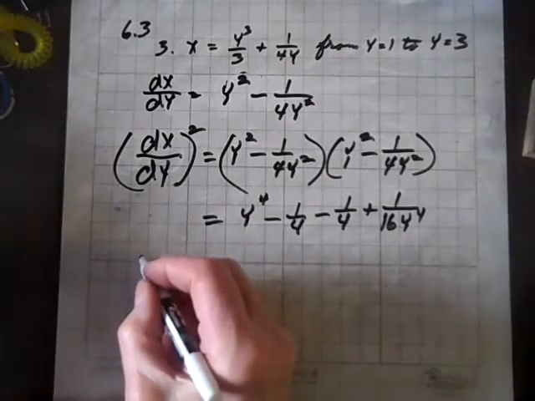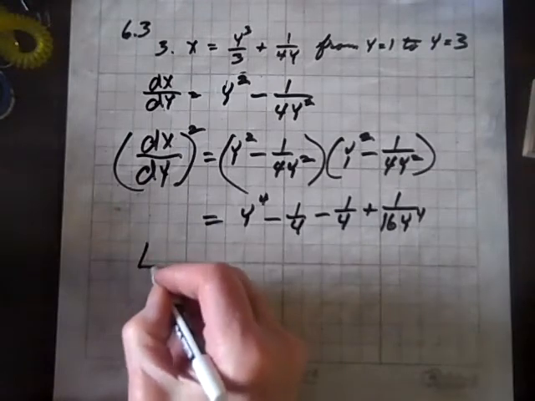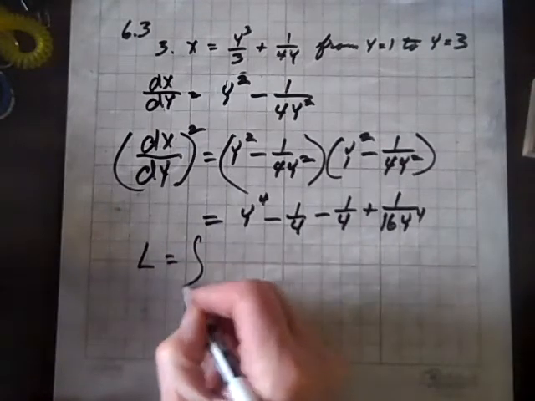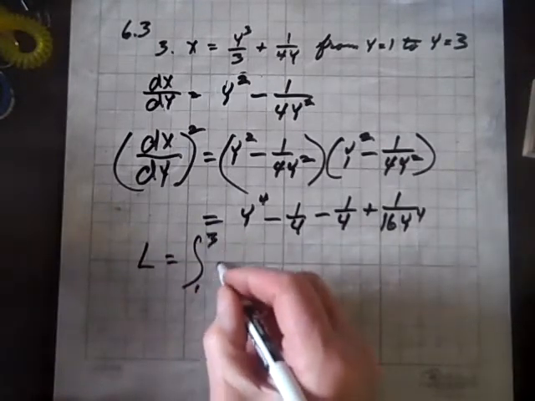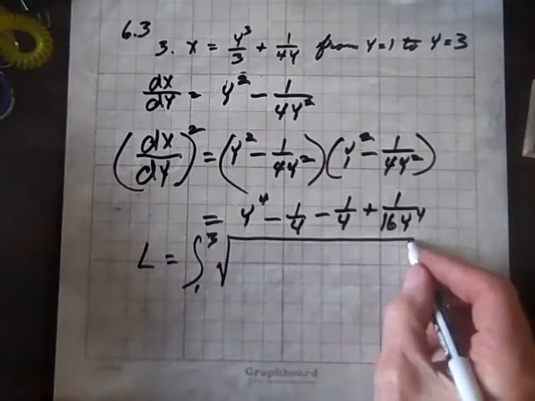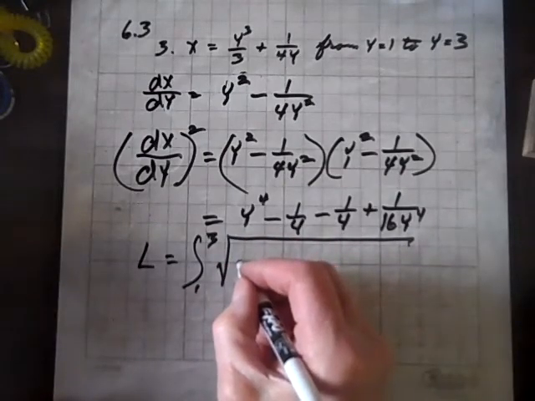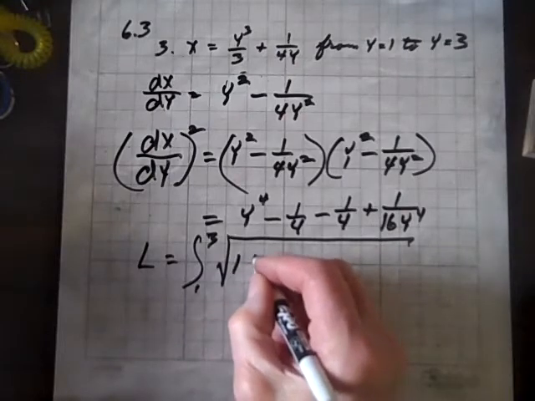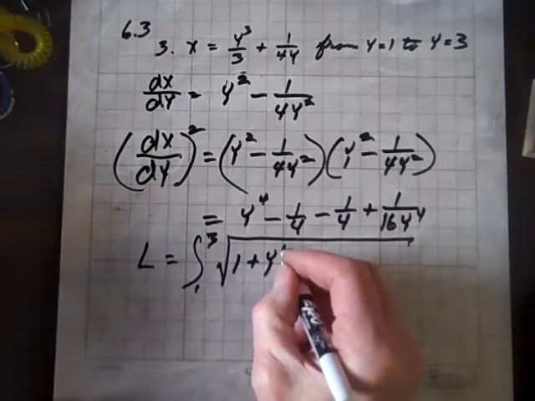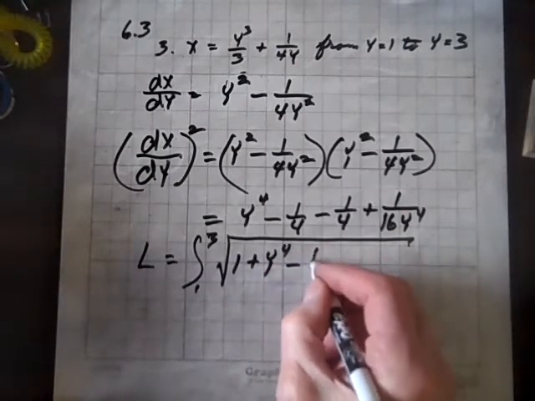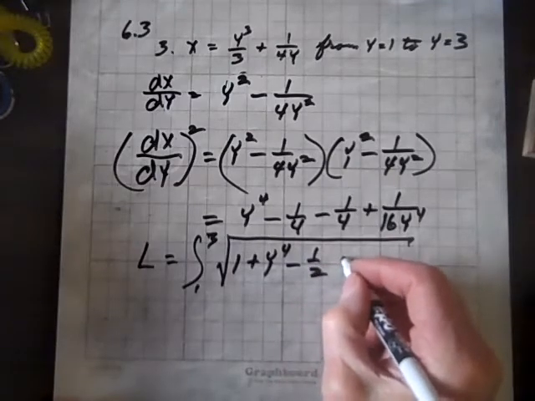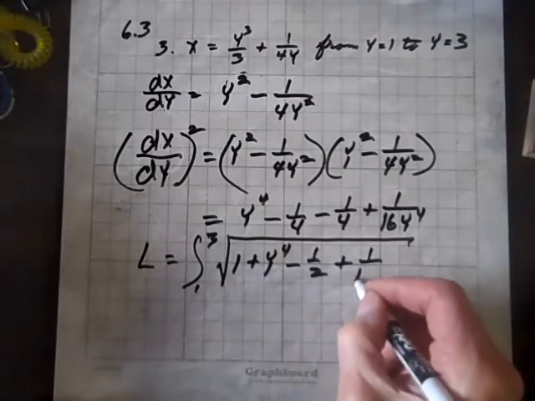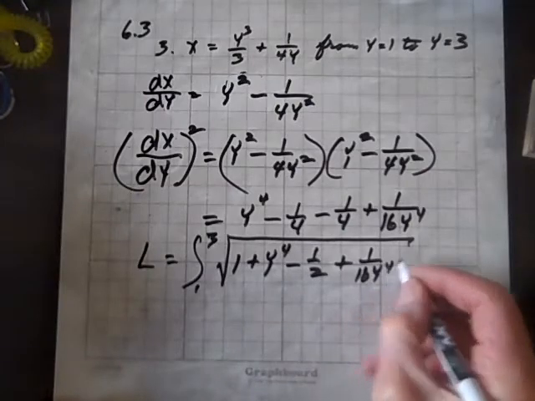So then the length of our curve is going to be the integral from 1 to 3 of the square root of 1 plus y to the 4th minus 1/2 plus 1 over 16y to the 4th dy.